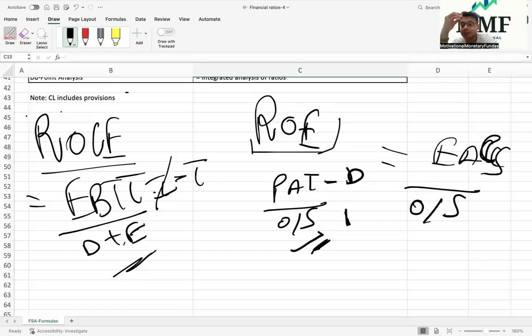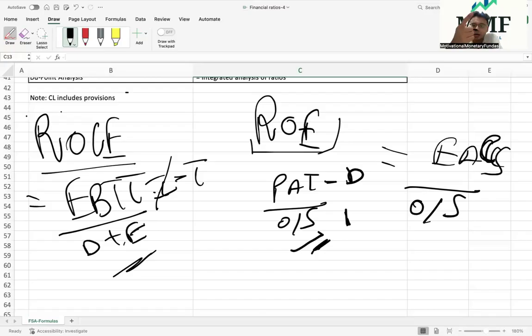ROE can be a super magnifying number. It can be 40, 50% for a company. Whereas if you compare the ROCE of a similar company having an ROE of 30, 40%, ROCE will be just 15%, 14%, 12%. And that's the utmost reality.